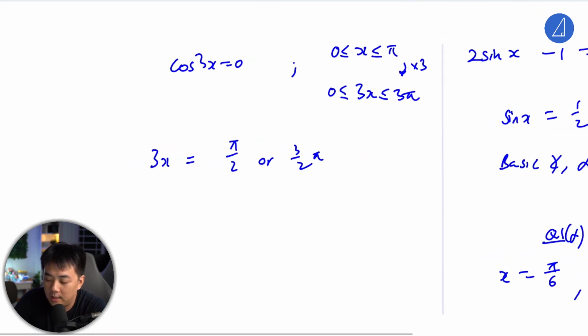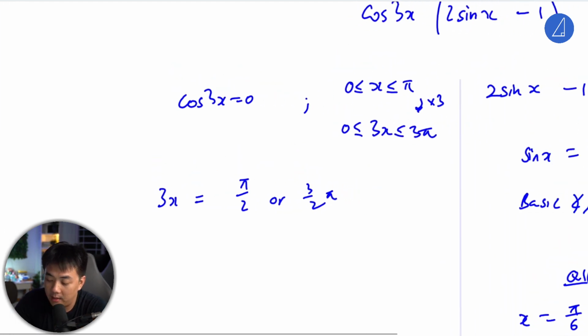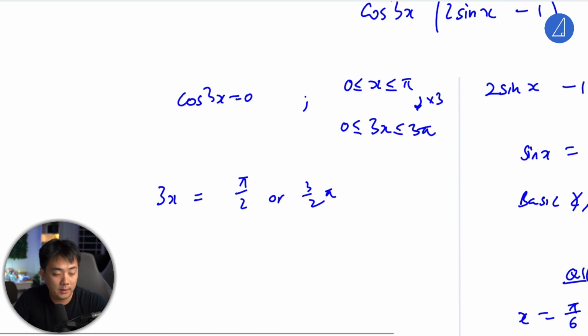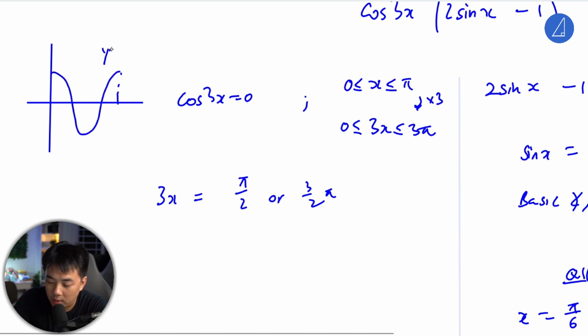Cosine is 0 when, we could just try to illustrate this. Looking at the graph of y equals cosine x, cosine is 0 at these two junctures here. This is 2 pi, this is pi, this is pi over 2, and this one here is 3 over 2 pi.